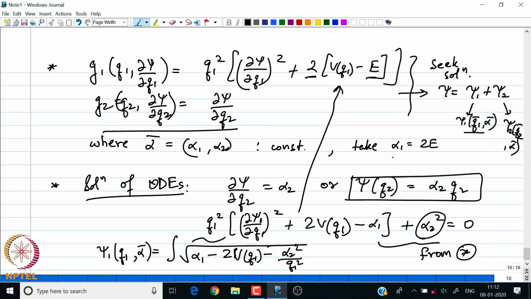Let me call this quantity square root f dq1, right. I leave the solution in this form, where f of q1 comma alpha bar is the quantity inside this integral, assuming that this can be integrated.